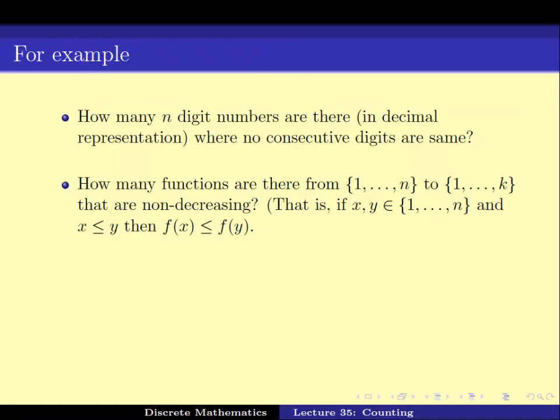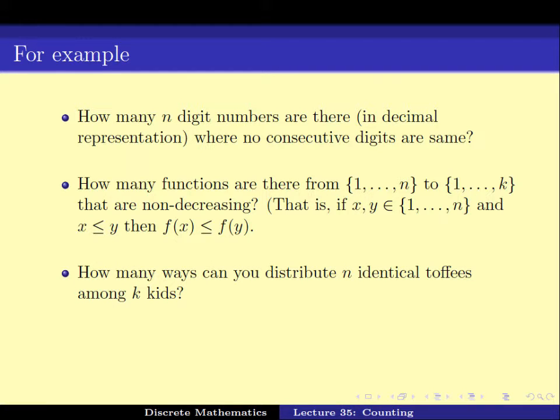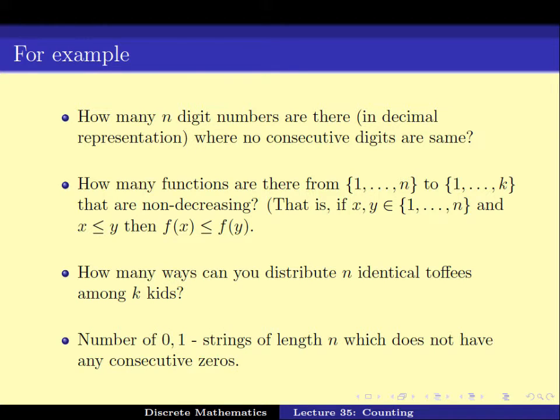That is, if x and y are two numbers, then if x is less than y, then f of x is less than or equal to f of y. The third is, how many ways can you distribute n identical toffees among k kids? And the last one is the number of 0-1 strings of length n which do not have any consecutive zeros.